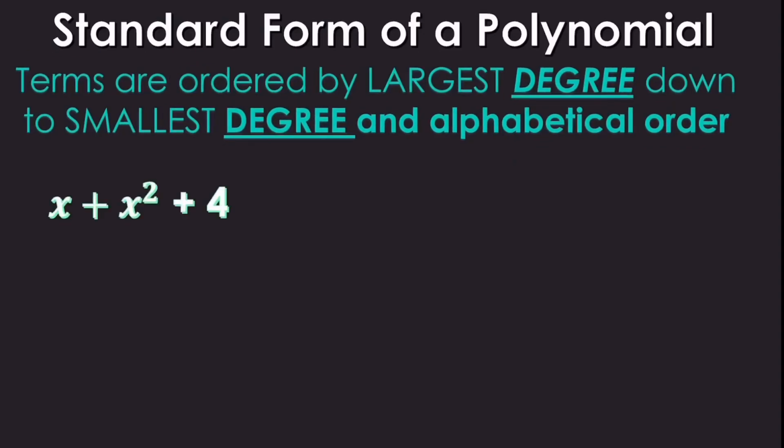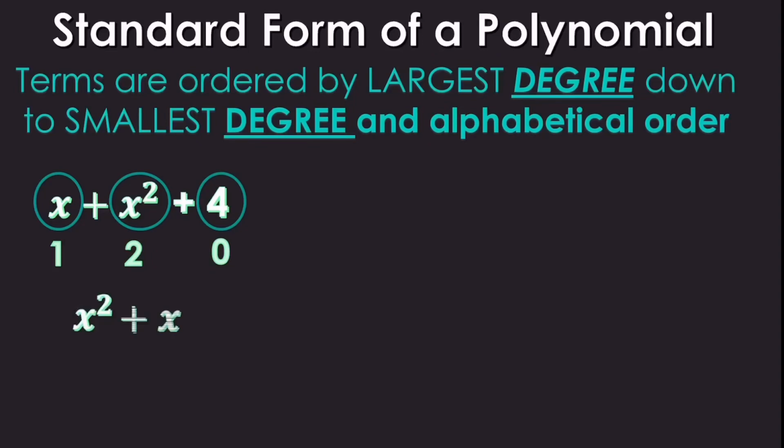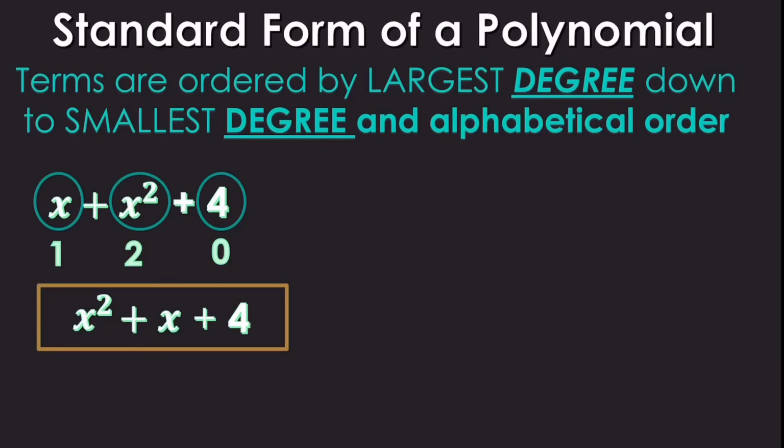So when we look at this one, you have x plus x squared plus 4, where x has a degree of 1, x squared has a degree of 2, and 4, since there is no variable part, has a degree of 0. So when we put this in standard form, it's x squared plus x plus 4. That there is our answer in standard form.